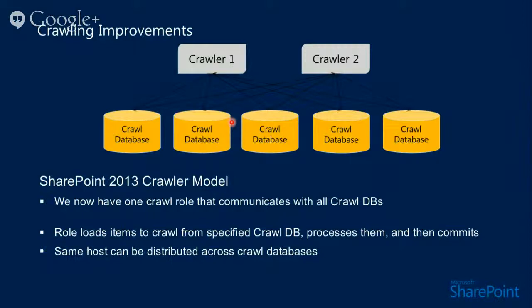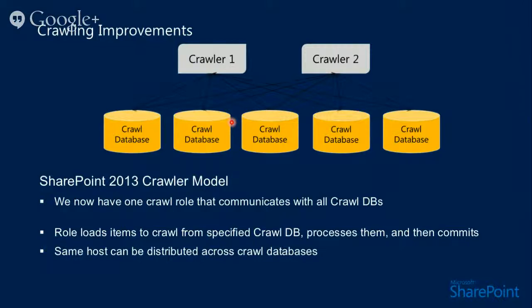Now in 2013 this issue is fixed, so you will be able to utilize these crawl components in a better way, and the same host can be distributed across crawl databases. This means there is one feature that we used in 2010 called host distribution rules, where we can pick certain crawl components to crawl only a particular URL.